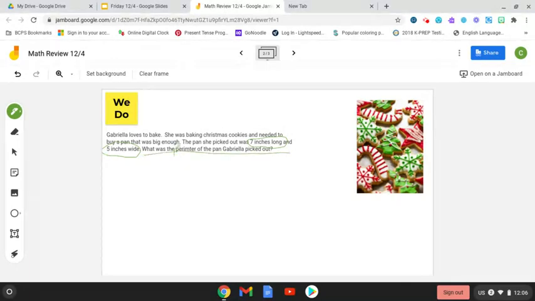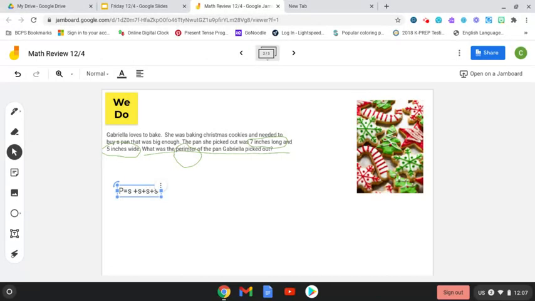Now, that is a different process than finding the area. I know that when I'm trying to find the perimeter, that perimeter is side plus side plus side plus side. Okay. And that's what my perimeter is.